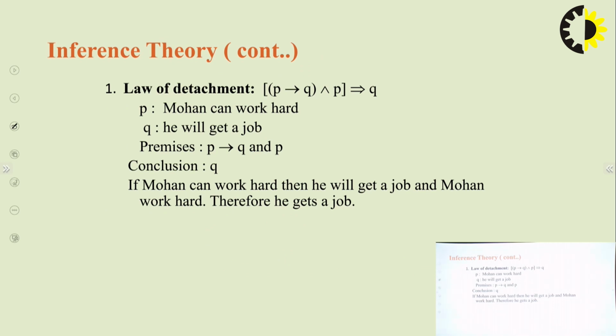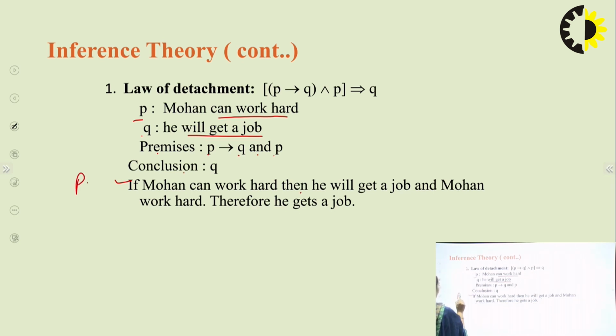Now let's take one example of law of detachment, modus ponens. If P implies Q and P. Suppose P is Mohan can work hard. Q is he will get a job. Premise is P implies Q and P. Conclusion is Q. Now this is the first premise: if Mohan can work hard, then he will get a job.